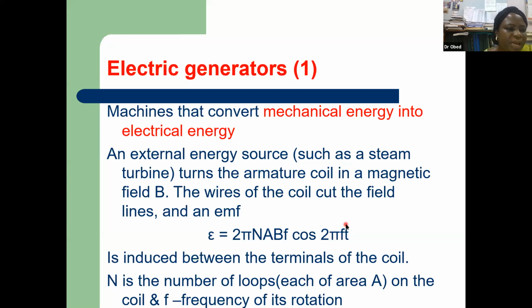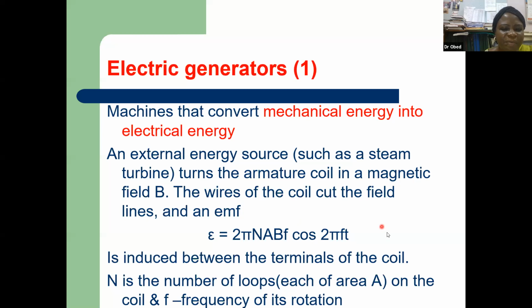So the NBA omega term here represents the magnitude of the maximum EMF, which occurs whenever sine omega t is equal to plus or minus 1. The new equation now is NAB or NBA omega, which is the same as NBA 2 pi F. We now have sine omega t, and the maximum EMF occurs whenever sine omega t is equal to plus or minus 1.